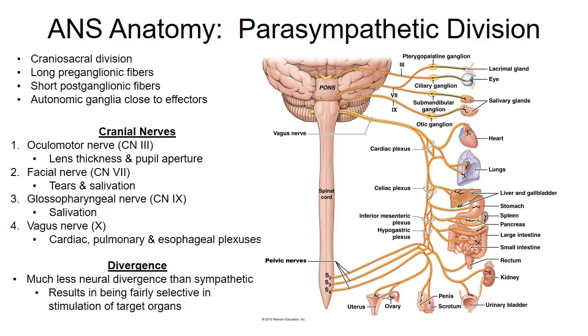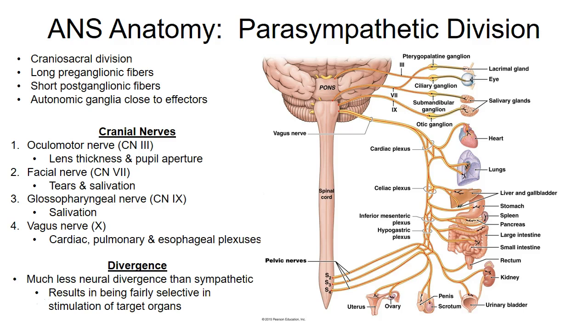And hopefully what you see here is that a lot of these preganglionic neurons are really long. They almost reach all the way to their target or effector for the parasympathetic, which means that the postganglionic neurons don't have to span very much of a distance. So here we have long preganglionic neurons and short postganglionic neurons for the parasympathetic.